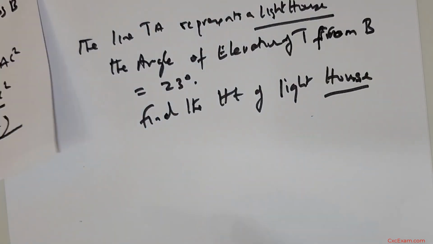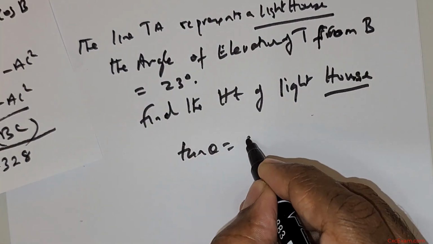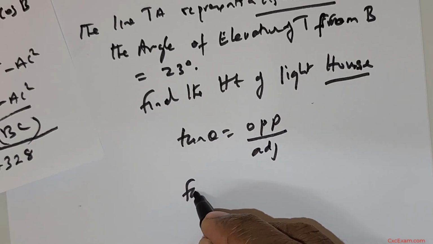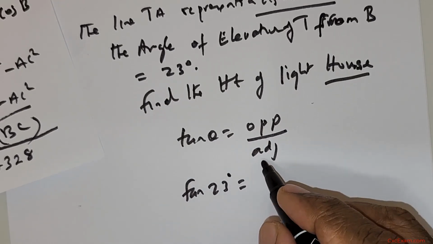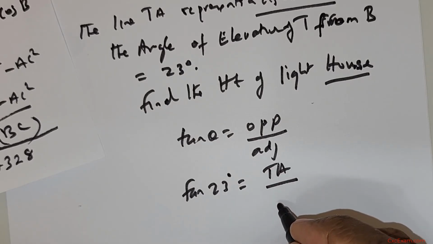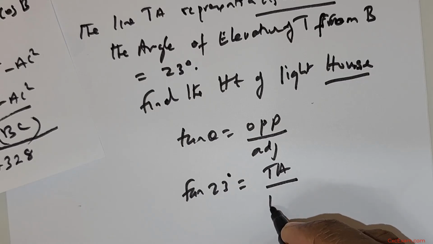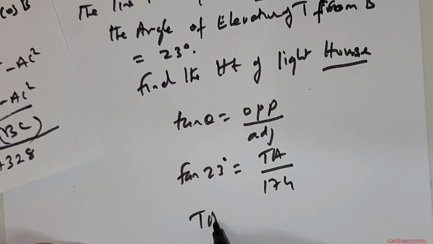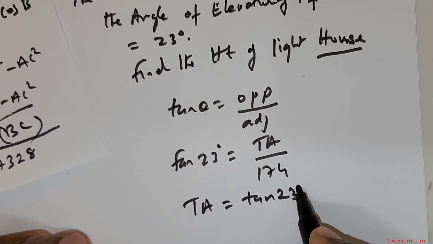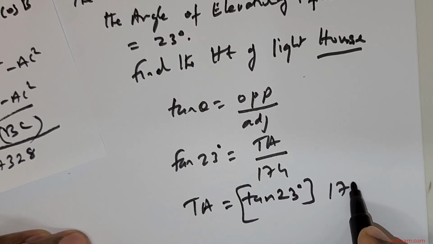So this is going to be my opposite side, and this is going to be my adjacent side. So I'm going to utilize tan theta. Tan theta is equal to opposite side divided by adjacent side. So this is tan 23. Opposite side is height of the lighthouse, and adjacent side is 174. So TA is equal to tan 23 multiplied with 174.